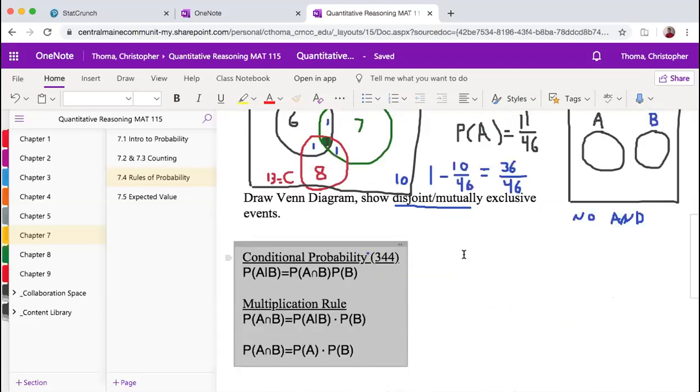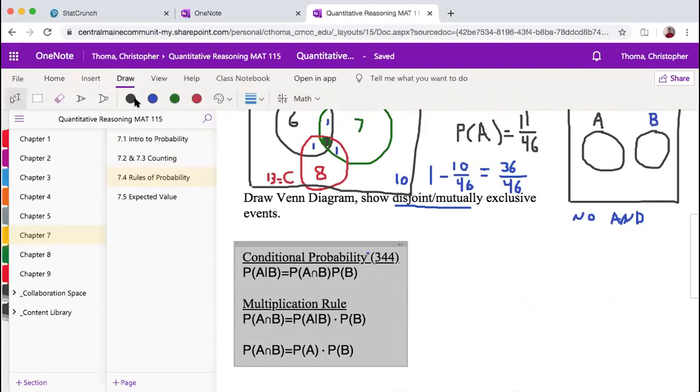So, this thing called conditional probability, right? This is kind of what Kyle was asking about earlier. This little line here, back to my draw, is the word given, which means I changed my sample space.